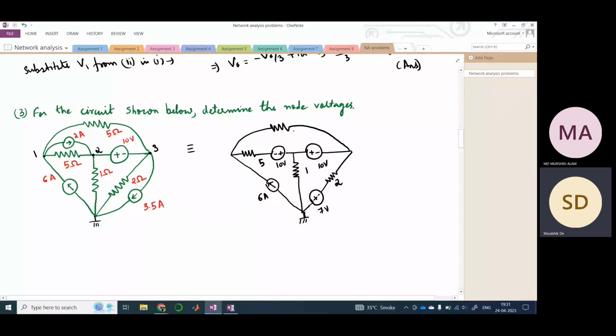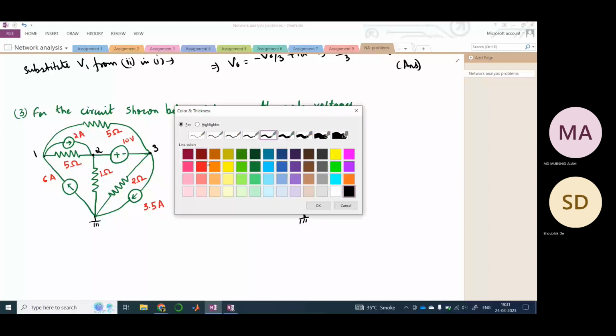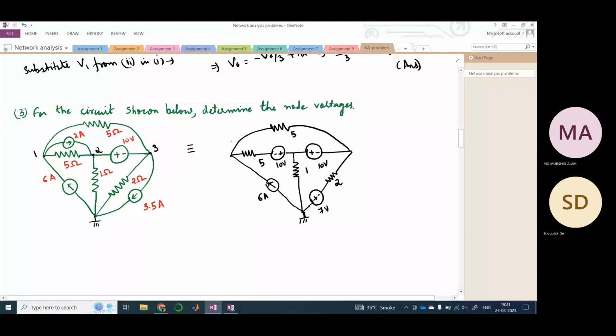So now we can apply nodal analysis. Let me mark this in a different color. This is node 1, this is node 2, and this is the ground node. Now let us apply the KCL rule here.